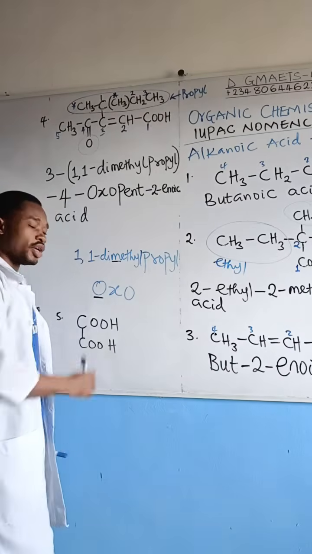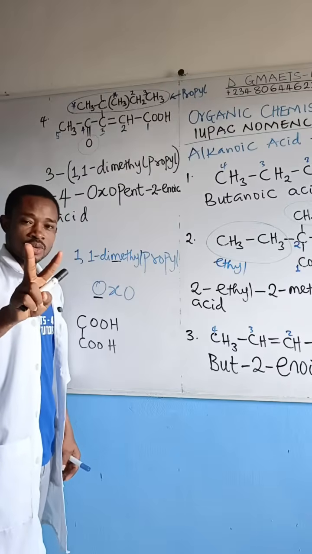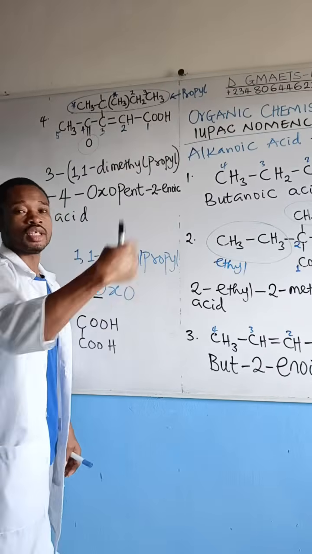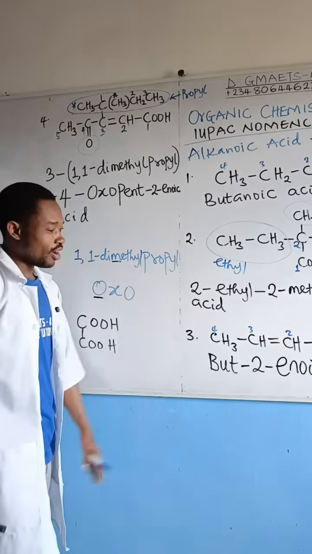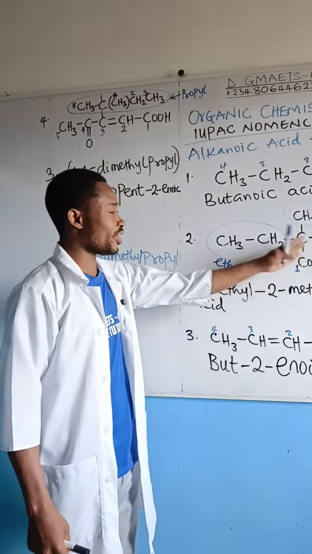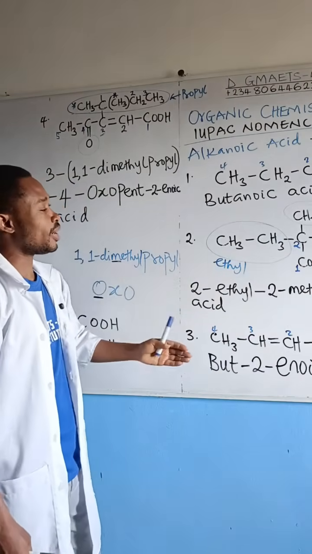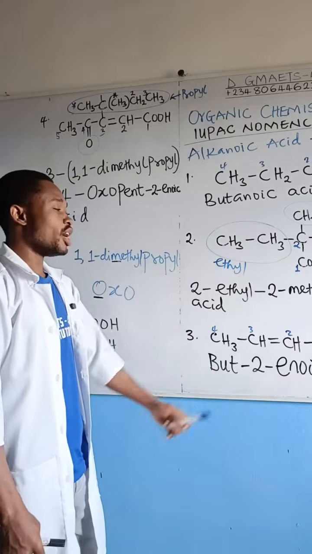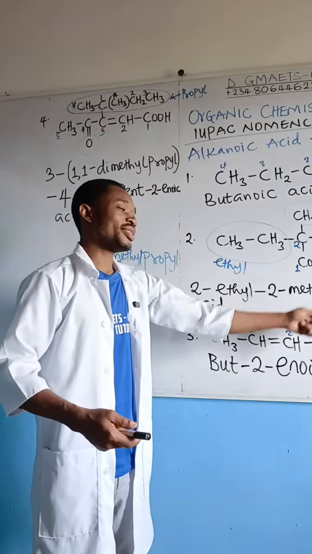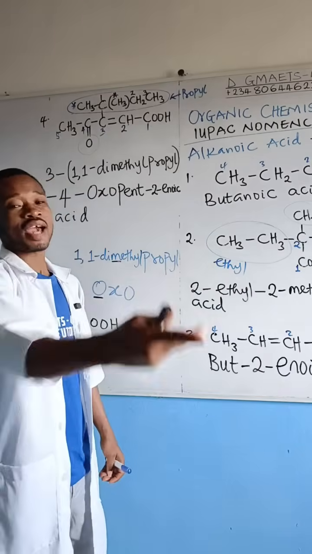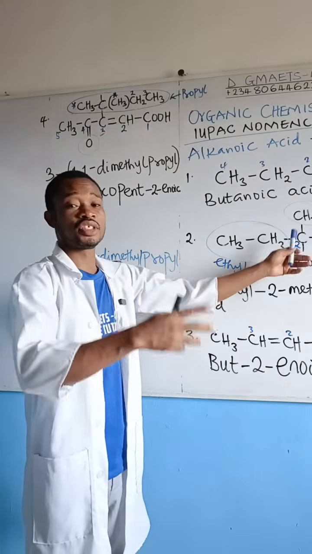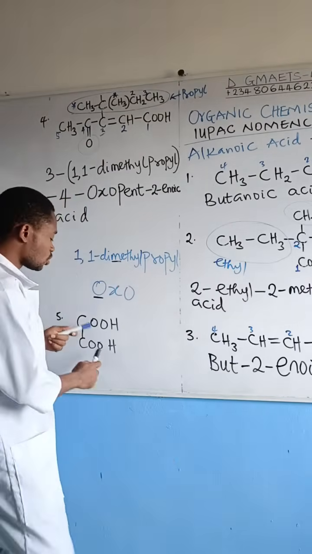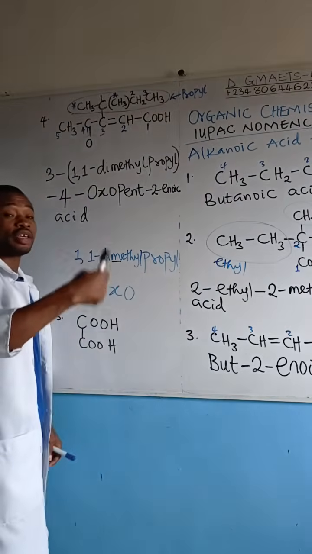How many COOH do we have here? 2, which is dioic. All these ones you've been saying oic. If we had a place where we have 2 COOH, the name would be, like in the case of pentane dioic acid, if you have 2 COOH in the structure.